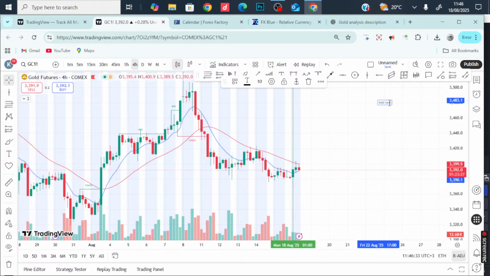So the market was bullish daily. Now we go to the 4 hours.